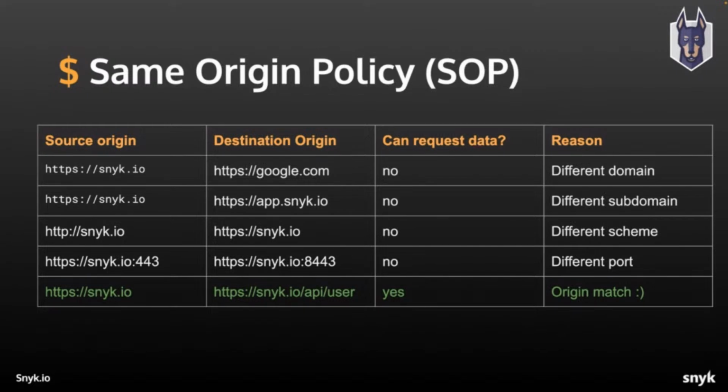So this is also not considered the same origin. Likewise, different protocols, so a mismatch of HTTP to HTTPS, are also considered a different origin, and different ports are as well. But when we have Snyk.io trying to access Snyk.io/API/user, this is allowed under the same origin policy because the origin is the same. So then the browser can send data and read that data at will.